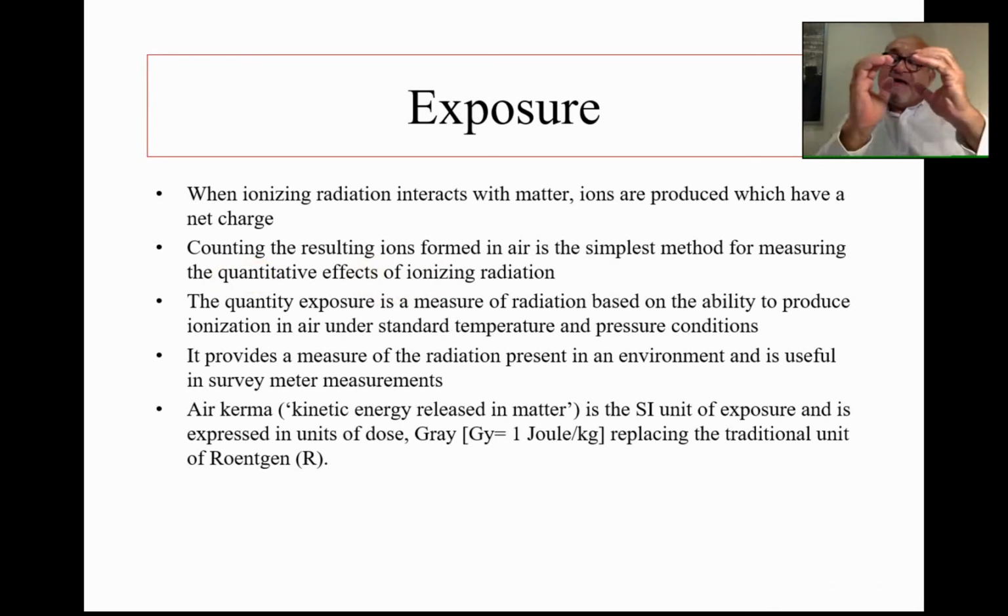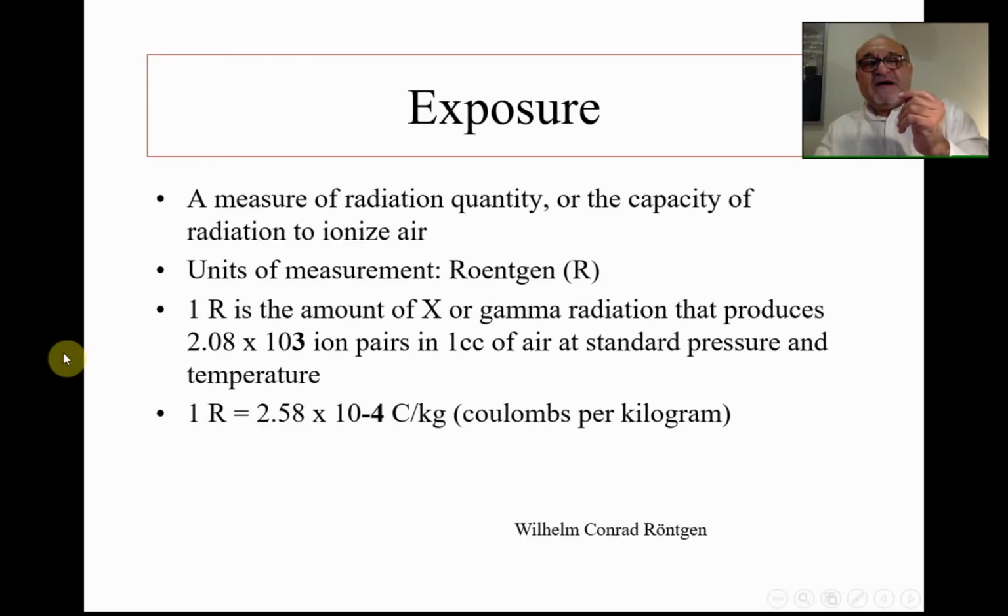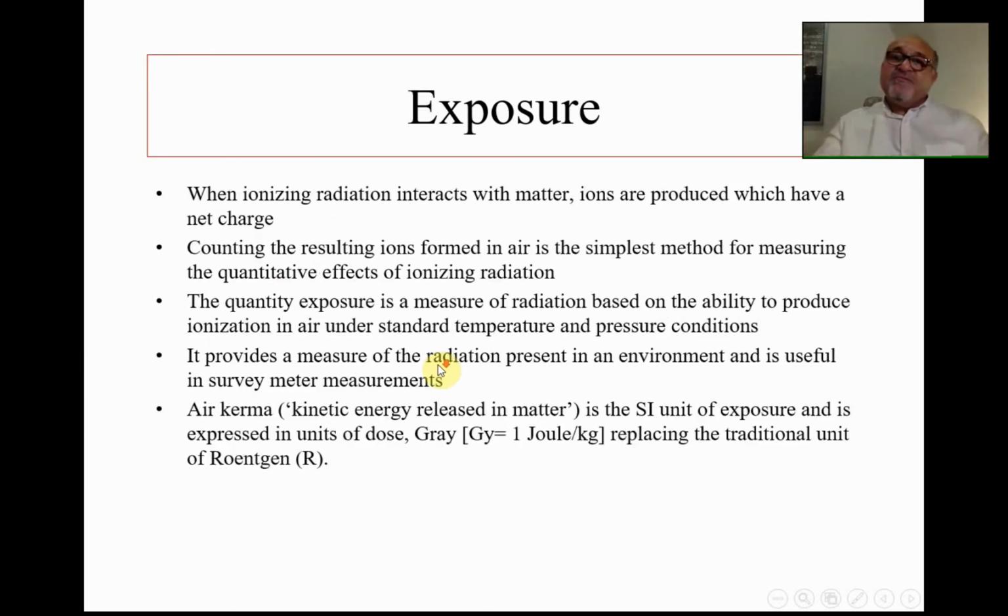So you bring 1 cubic centimeter of air, you strike it by X-ray. If this number of ion pairs is formed, then you have exposed this 1 cubic centimeter of air to 1 Röntgen.